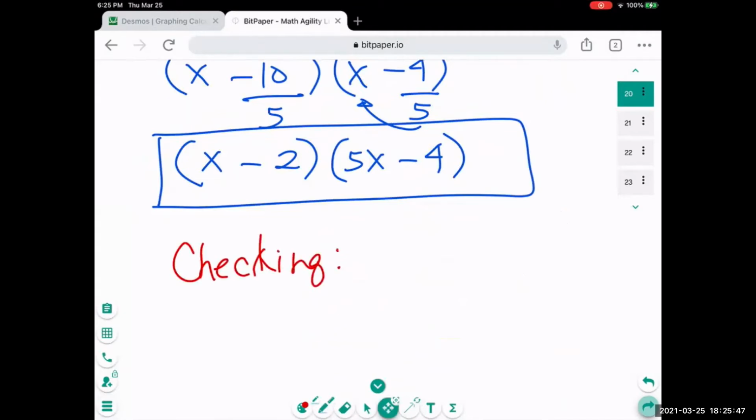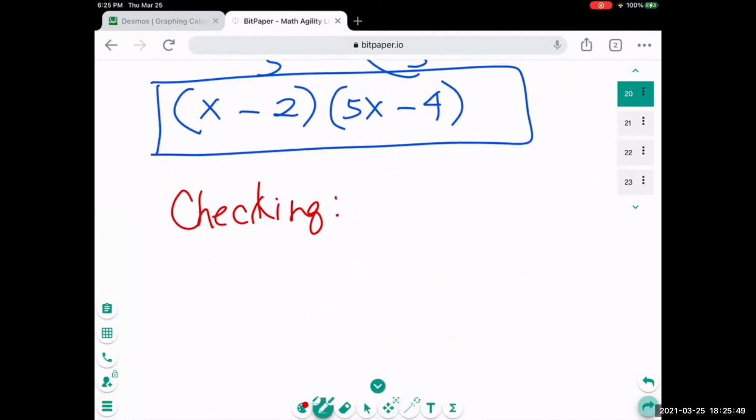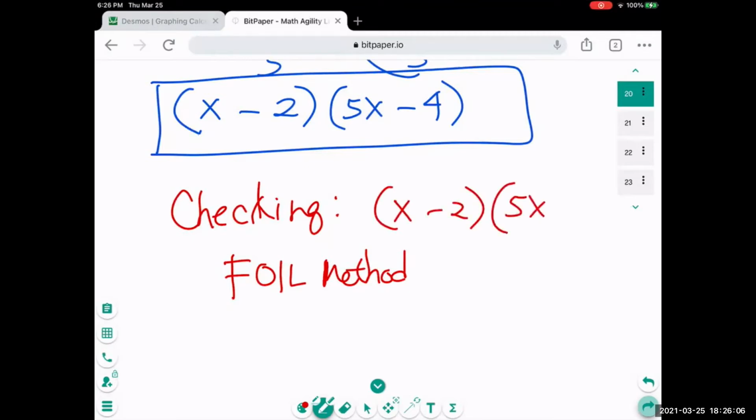Checking by again using the FOIL method. So x minus 2 times 5x minus 4.